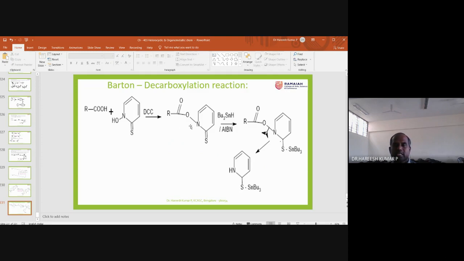Once the ester is obtained, it is treated with tributyl tin hydride. Of course, this reaction is initiated by AIBN. What is AIBN? Azobisisobutyronitrile. AIBN itself cleaves and forms a free radical.